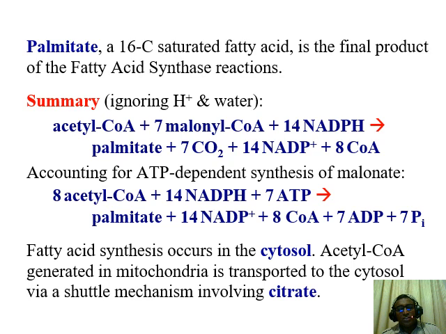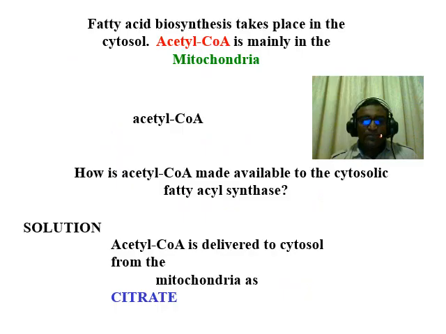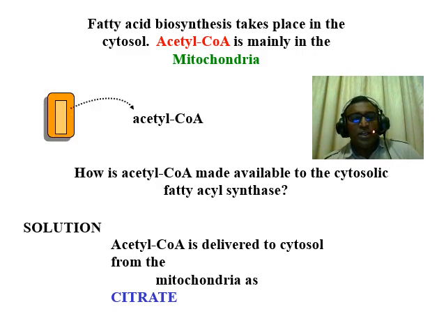Because acetyl coenzyme A, having the negative charge of phosphate, cannot easily penetrate the mitochondrial membrane, the lipid bilayer. For that, we need to look into the next slide, where the citrate shuttle will be utilized in taking the acetyl coenzyme A from the mitochondria into the cytoplasm, where it can then be utilized in the fatty acid synthesis.